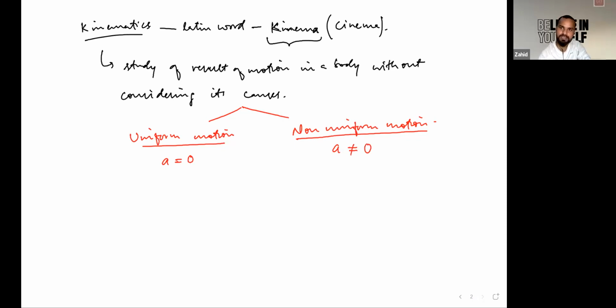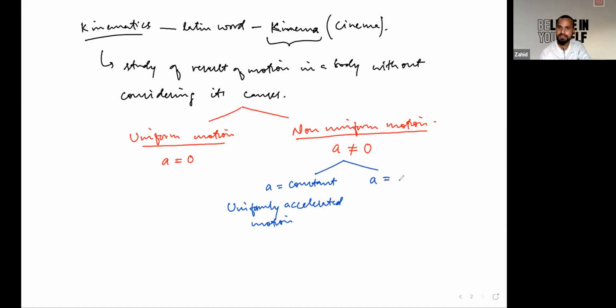Now we further divide this non-uniform motion into two parts depending upon whether acceleration has a constant value or some variable term. If acceleration is constant, having some fixed number, we call it uniformly accelerated motion.